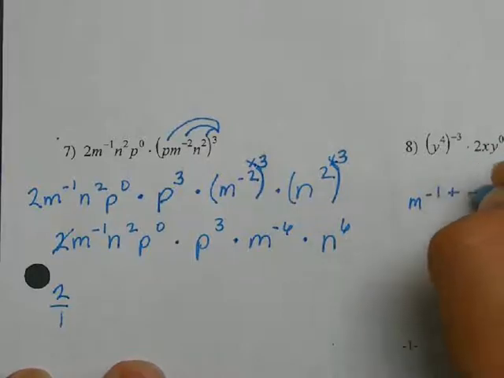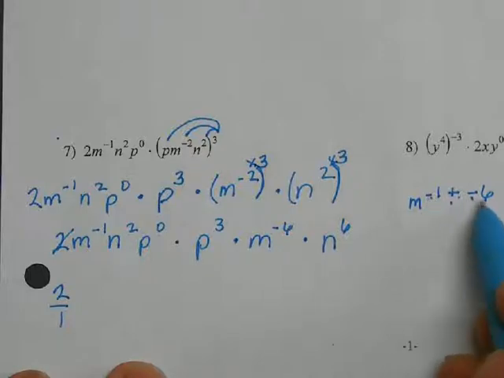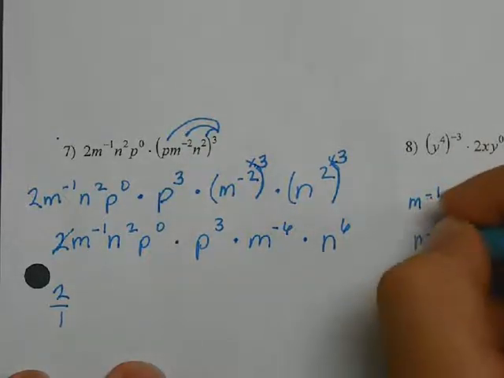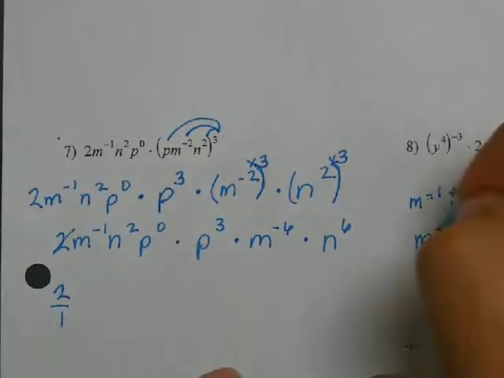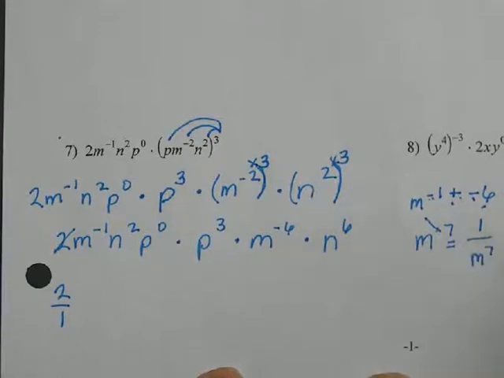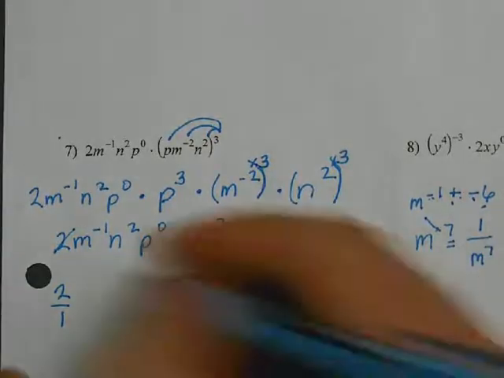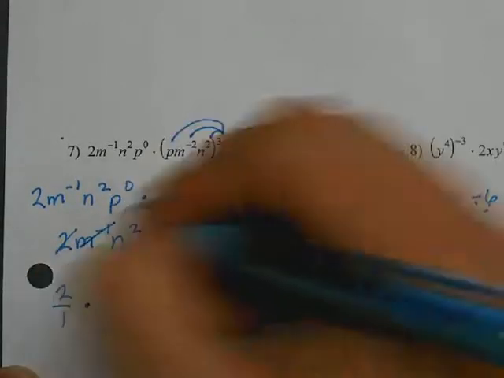Negative 1, move to the left 6 times, takes us to m to the negative 7th. I can't keep that as negative 7, so I'm going to kick the negative out. Whatever I have left, put it under 1. So now this is times 1 over m to the 7th. That takes care of my m's.